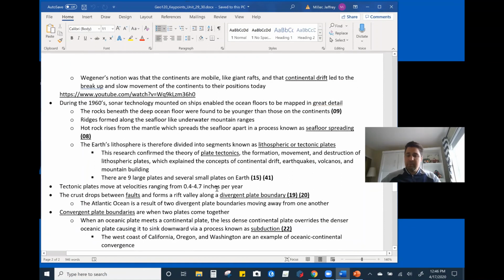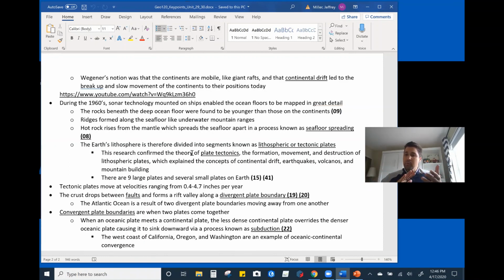They have moved apart considerably since then, and sonar technology has really helped scientists understand the geology and the terrain below the surface of the ocean. We learned that because of divergent plate boundaries in particular, in many parts of the ocean where rift valleys exist, the rocks are much younger.